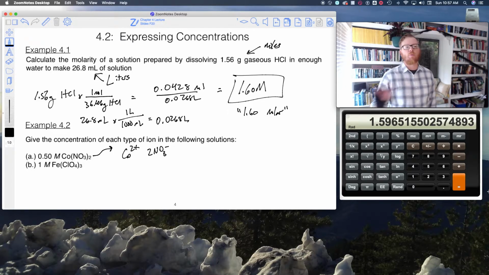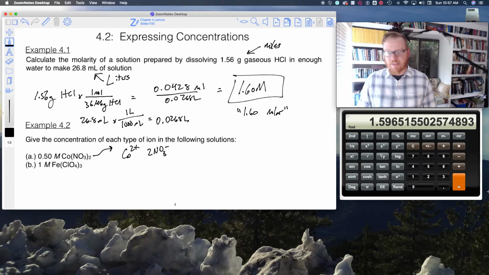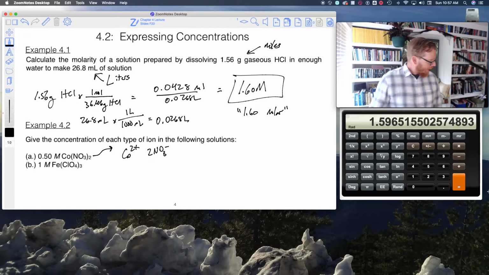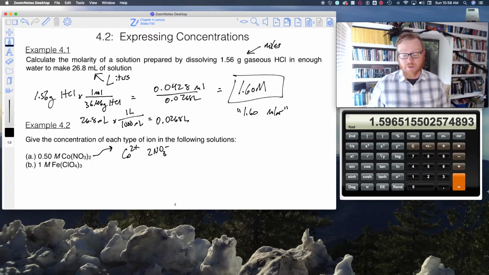If you're not comfortable with breaking apart a formula into its ions like that, you need to review, okay? Now I'll show you how I can set this up like a dimensional analysis, which is kind of the long way of doing it. But hopefully if you get comfortable with this, you're able to just do this in your head really quick. So if I say 0.5 molar cobalt 2 nitrate, okay, look at this.